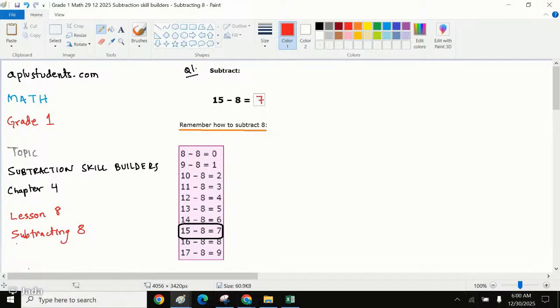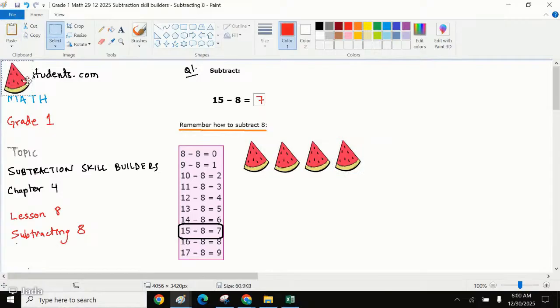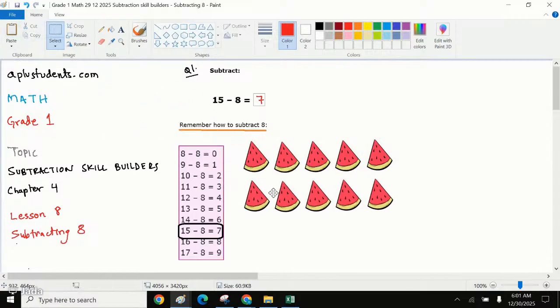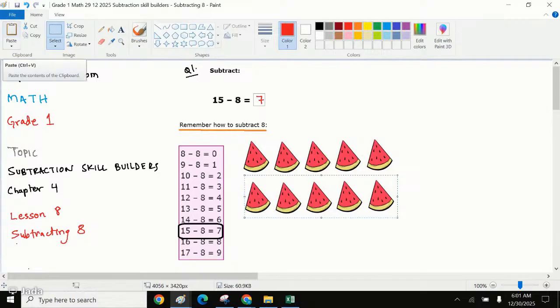Or let's do it by counting. Let's pick up any shape. Let's suppose we have a watermelon. Just copy the watermelon and we'll do 15 watermelons and then we'll see the subtraction. This is 2, 3, and we'll number them so that we remember. These are 5. So now I copy these 5 because I need to do 15. 5 plus 5 is 10.